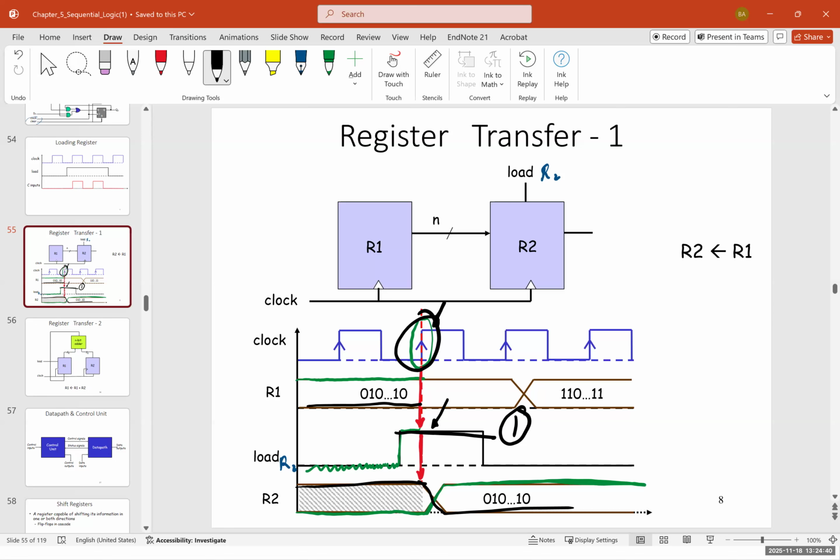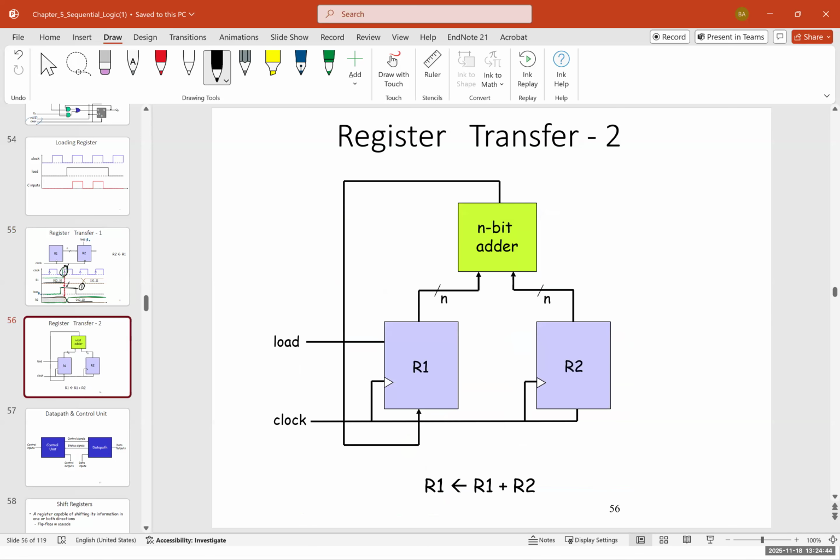And we also have other types of registers which can be connected in parallel as well. That one was in series. For this one, this is another type of register transfer. We have R1 and R2. The load connects to R1, controlling R1. Both of these are connected to an n-bit adder.